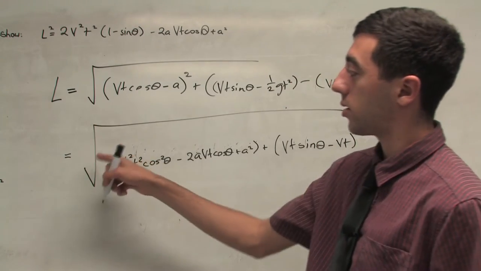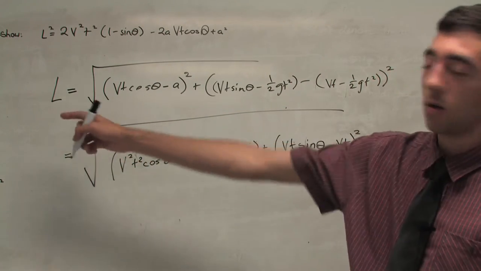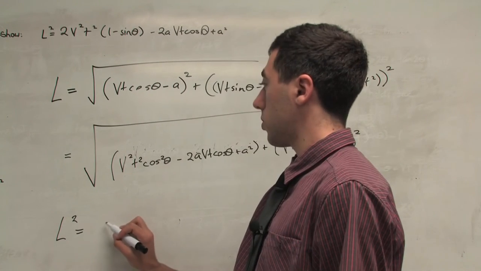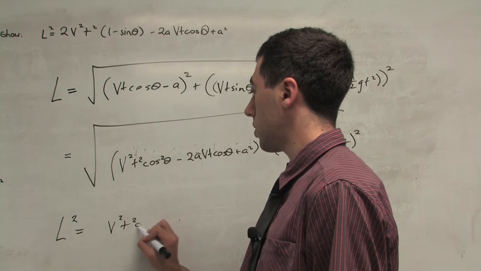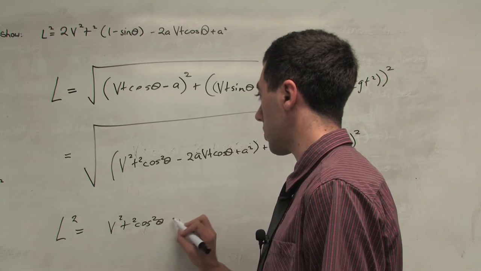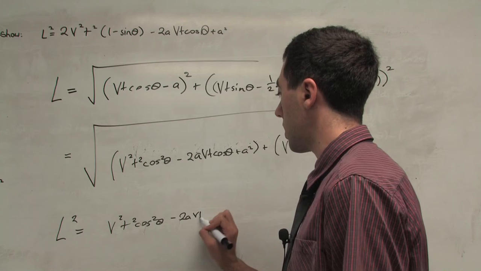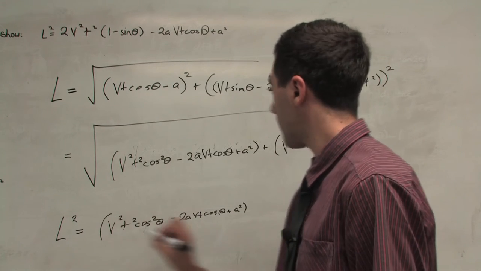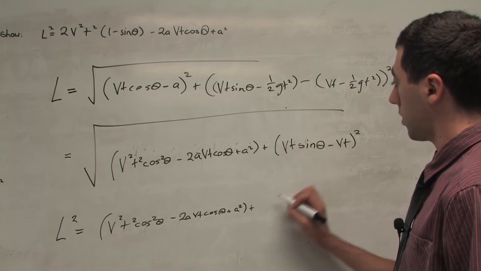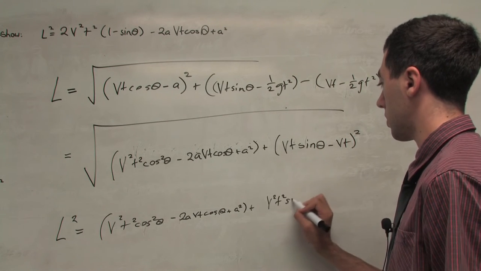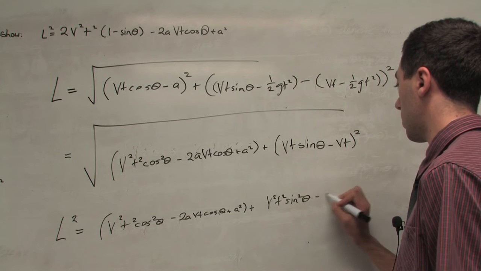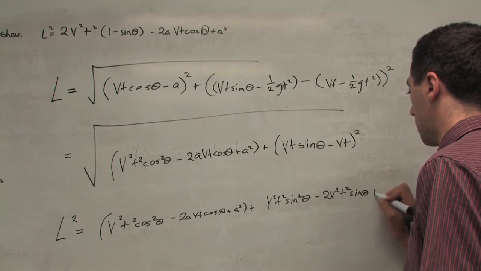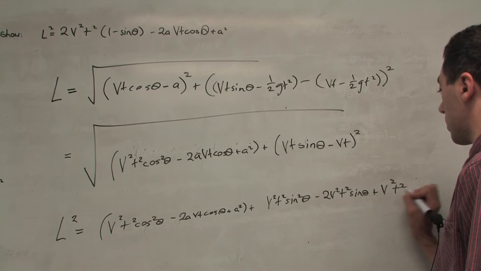So now I'll square both sides because we've got a square root here on L. If I square both sides, I get that L squared is equal to v squared t squared cos squared theta minus 2a vt cos theta plus a squared. And now expanding the second bracket, we get v squared t squared sin squared theta minus 2v squared t squared sin theta plus v squared t squared.